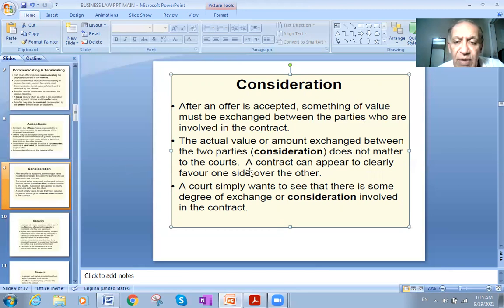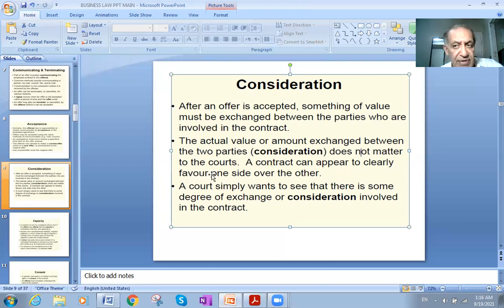The actual value or amount exchanged between the two parties, the consideration, does not matter to the courts. So if you are selling a diamond for 15 million, the court does not care about its value. The court cares about what the matter or stuff of consideration is between them, regardless of its value.